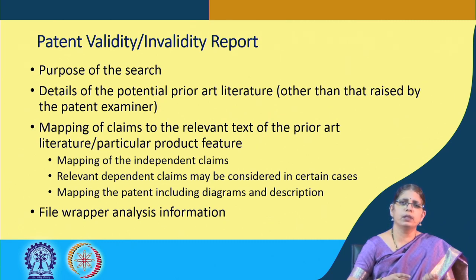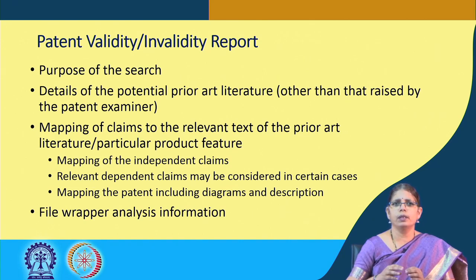How this independent claim has a counterpart with respect to a prior art which can potentially defeat the novelty of this particular claim, or an issue of obviousness, and similarly some other factors that we have discussed.